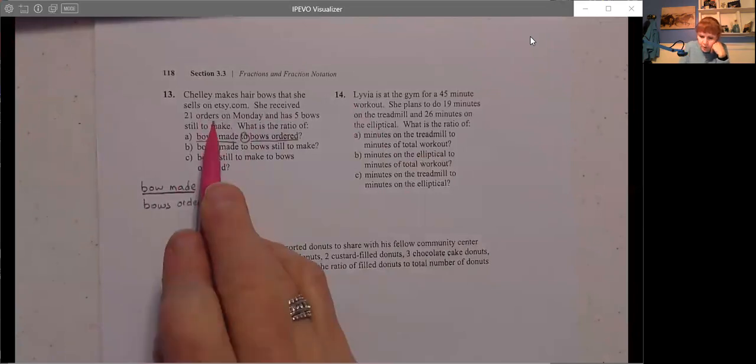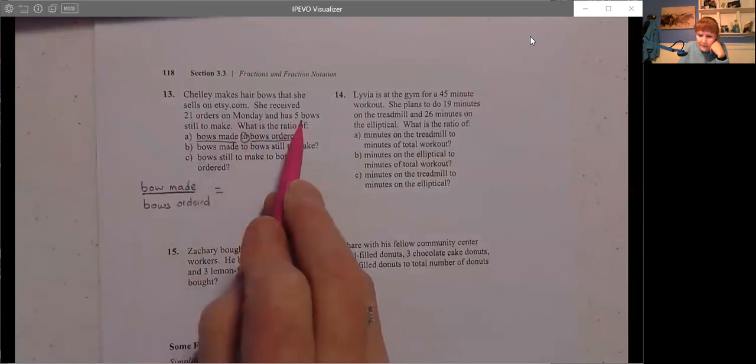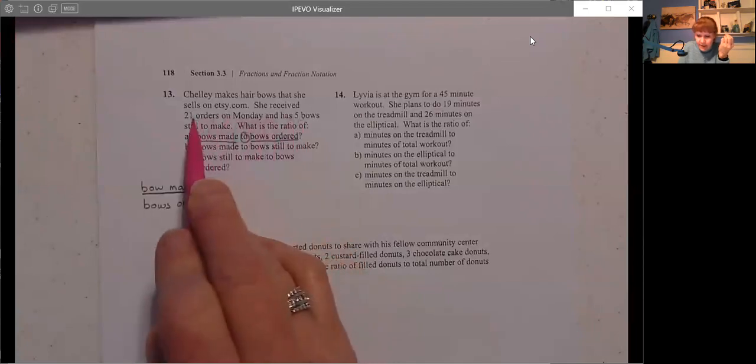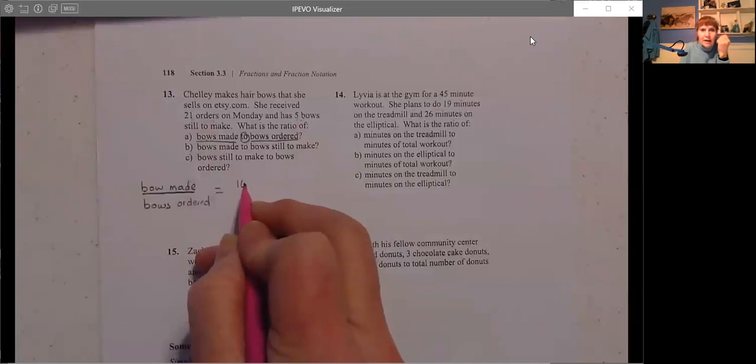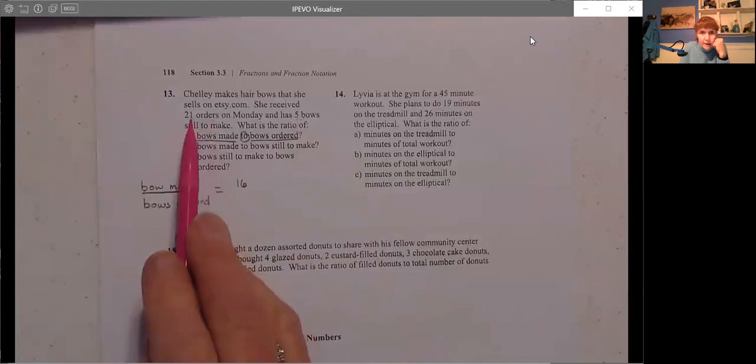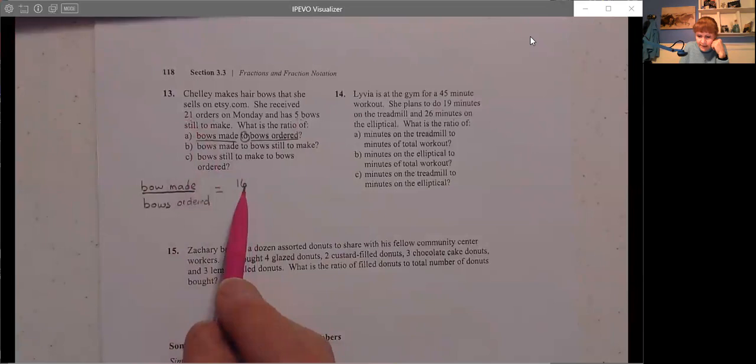If she got 21 orders and she has 5 left to make, she must have made 16. If I subtract those, she made 16 if she has 5 more to go and she's done. So a little bit of math to figure that out.